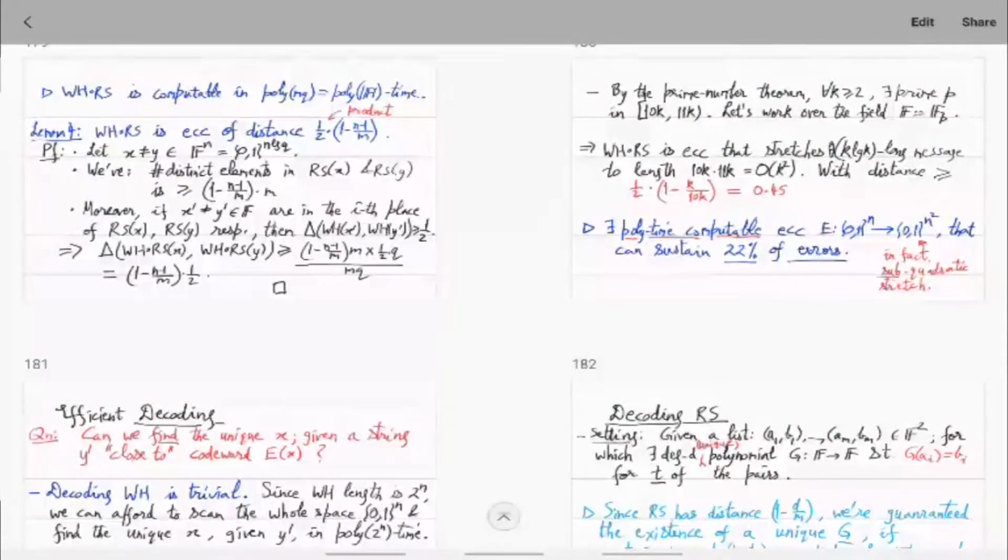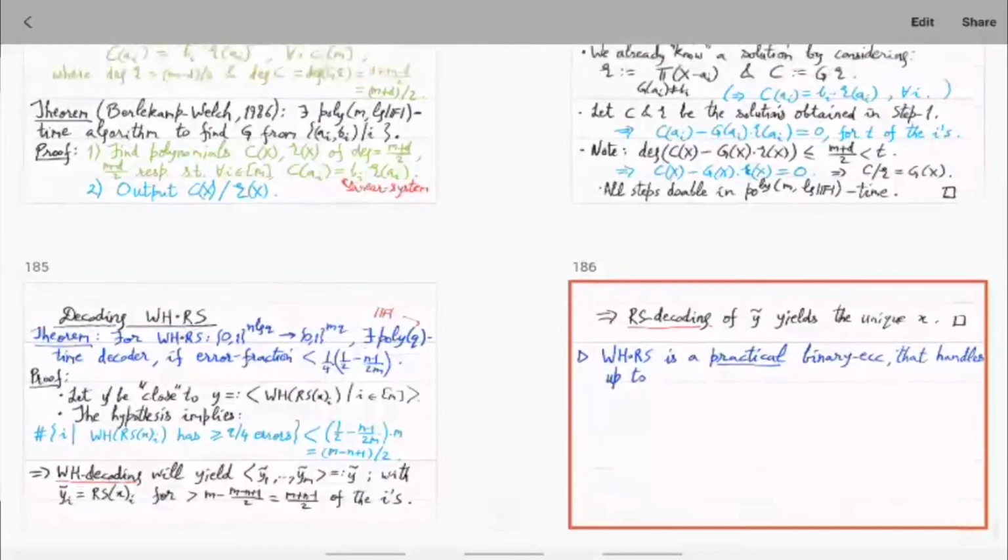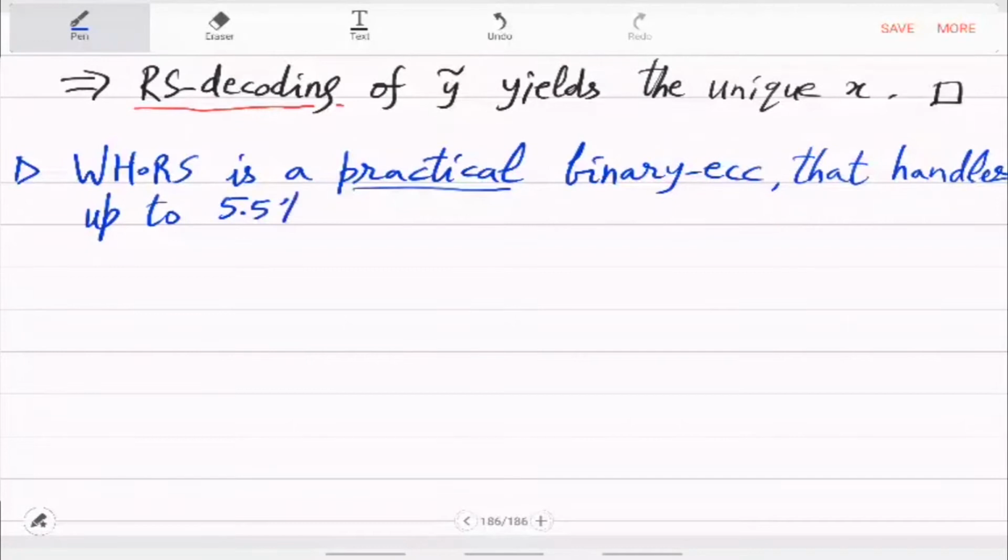That it can handle 22% of errors. So let us just do 1/4 of that, 5.5% of errors. If there are 5% of errors in the channel, then you can use Walsh-Hadamard Reed-Solomon coding.